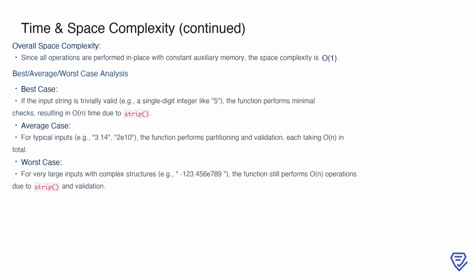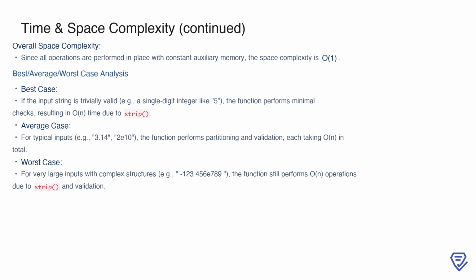With the fundamental time and space complexities established, let's consider how the solution performs under different scenarios. In the best case, when the input is trivially valid, such as a single-digit integer like 5, the function performs minimal checks, with the strip operation dominating at O(n). In the average case, for inputs like 3.14 or 2 times 10 to the power of 10, the function executes partitioning and validation steps, which together still result in O(n) time complexity.